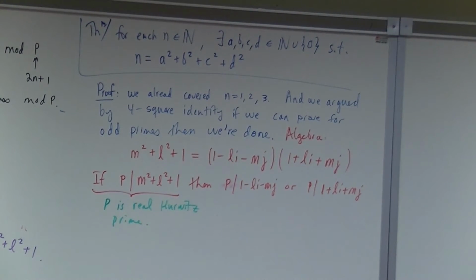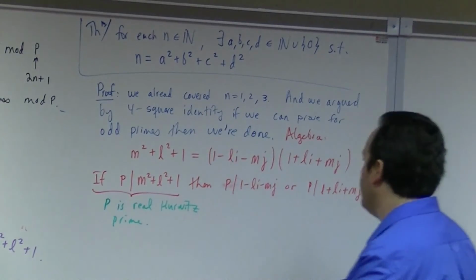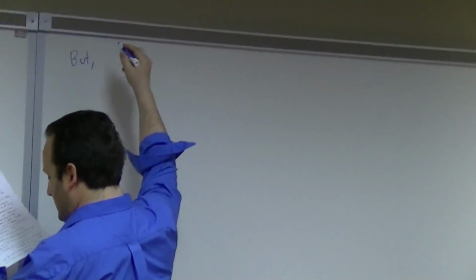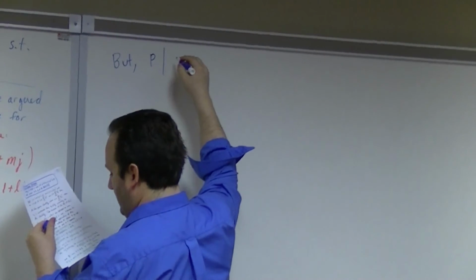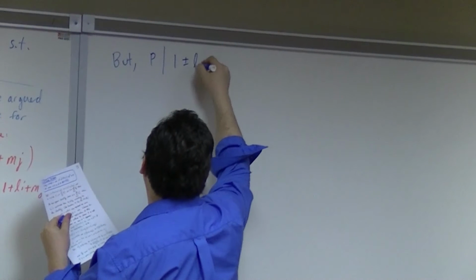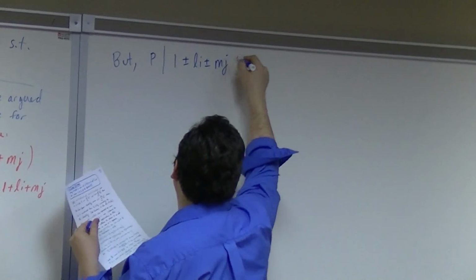And then what? But p divides 1 plus or minus li plus or minus mj would imply what?